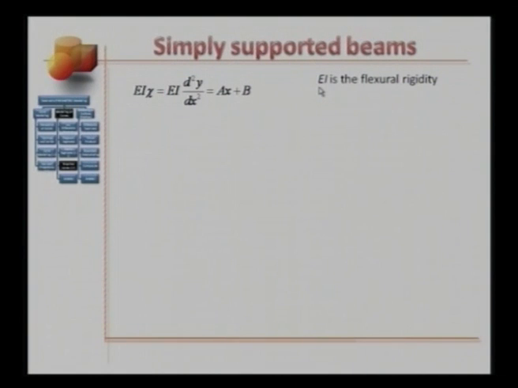EI is the flexural rigidity. Chi is the curvature, and for small deformation, the curvature is given by d2y over dx squared. y is the vertical deflection. A and b are known constants. 10 points for guessing what this is. You're right. This is the moment at any cross section.